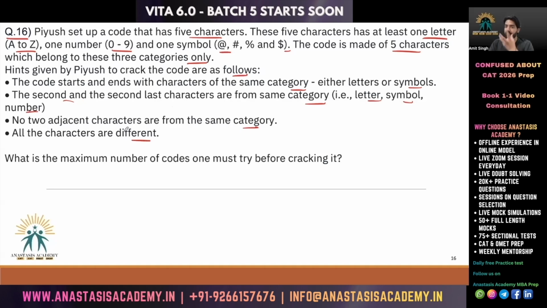Okay, so we have to assume the cases. We have 5 characters, right? In the first case, the code starts and ends with characters of the same category, so either first and last could be letters or symbols. So I'm assuming the positions 1, 2, 3, 4, 5, and then 2 more cases.